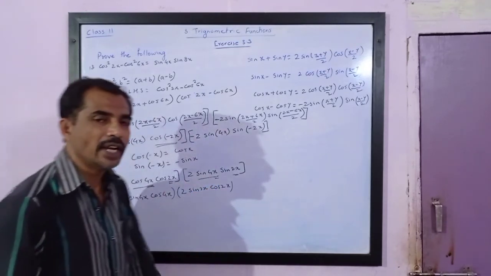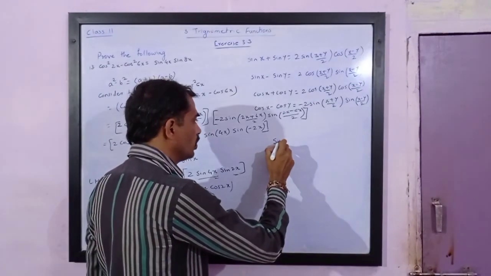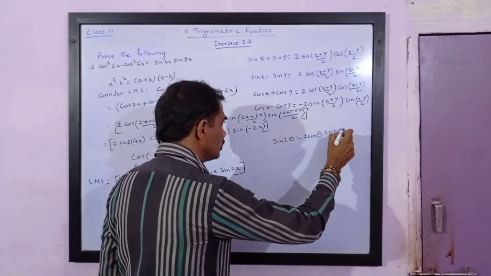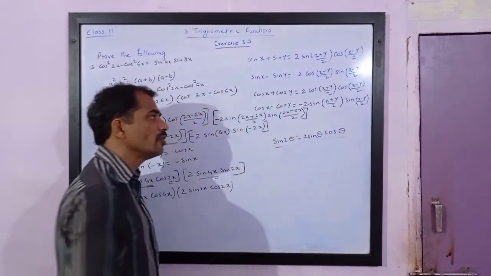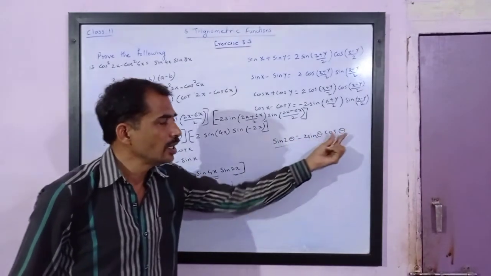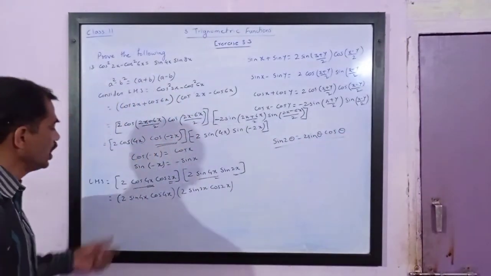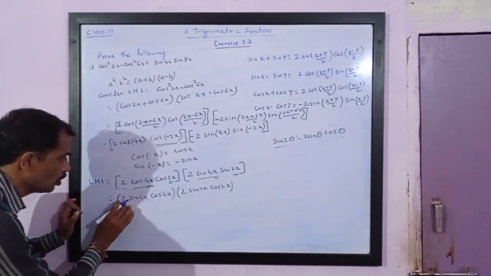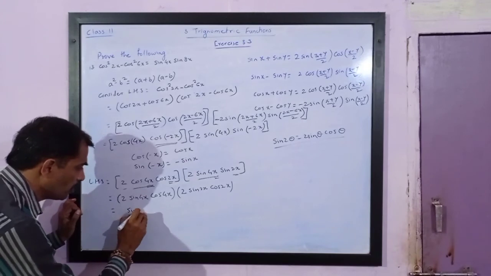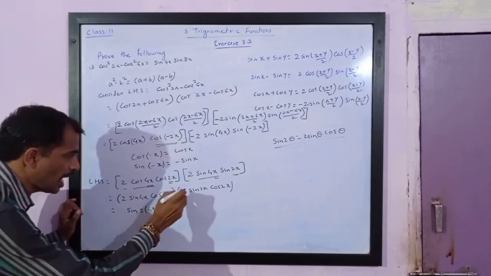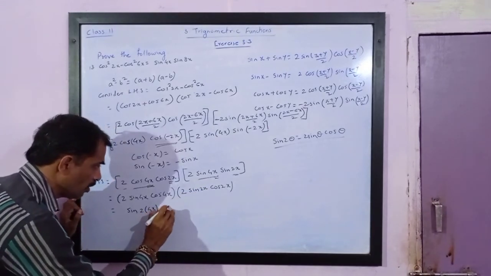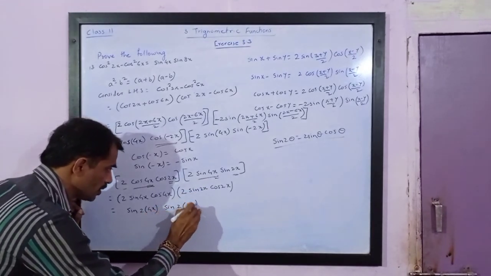We have already studied one identity, sin 2 theta is equal to 2 sin theta cos theta. The same identity we are going to use in reverse order. Please note, 2 sin theta cos theta is equal to sine of twice the angle. So here, 2 sin theta cos theta is equal to sine of 2 times 4x, and 2 sin theta cos theta is equal to sine of 2 times 2x.